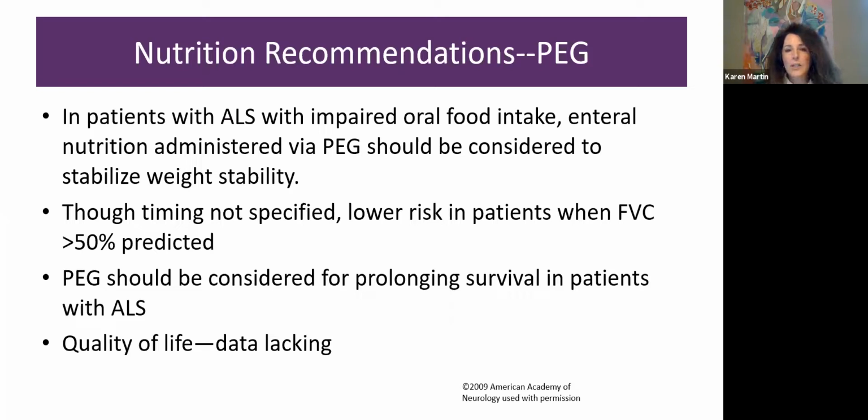I kind of wanted to go now into some of the nutrition recommendations from the Academy of Neurology. We do look at the evidence base for the things that we recommend, and there are some pretty strong recommendations for PEG. In patients with ALS with impaired oral food intake, a PEG should be considered to stabilize weight.